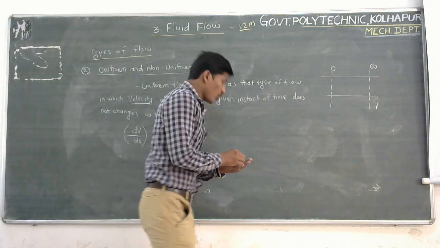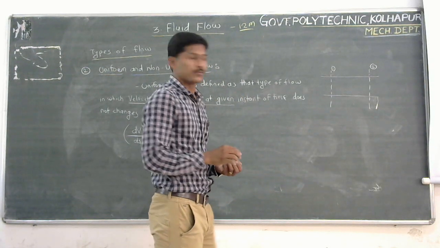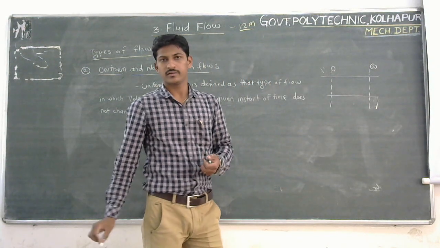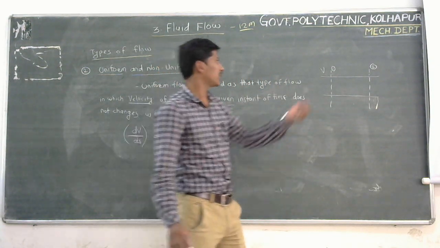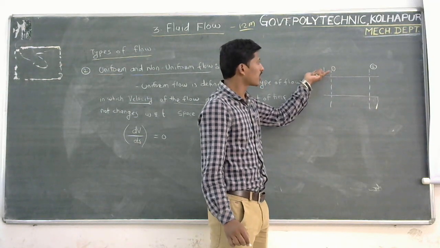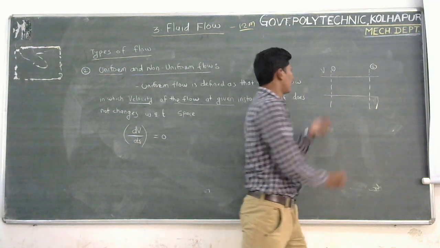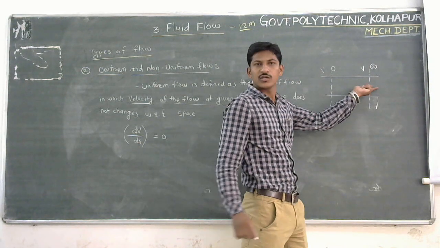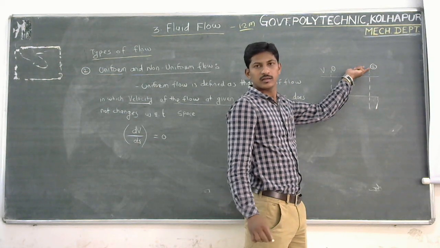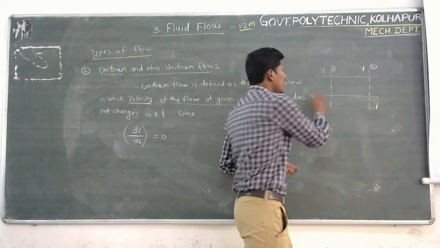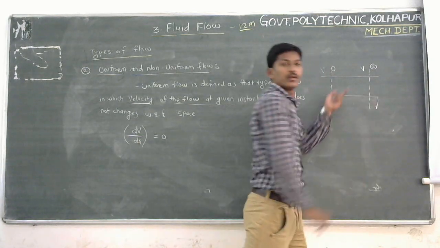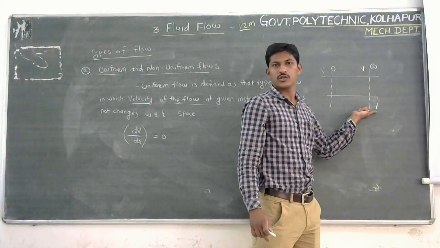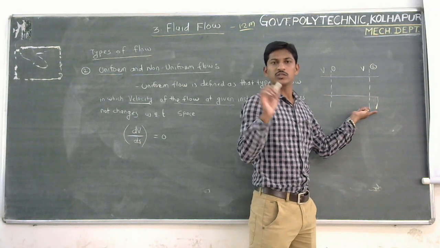Now we measure the velocity of flow at section 1 and we get the velocity v. And we measure the velocity at section 2 and we get the same velocity v. It means that with respect to space, or with respect to the direction of flow, the velocity of the flow remains constant.